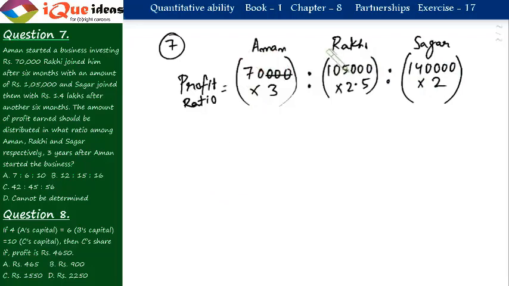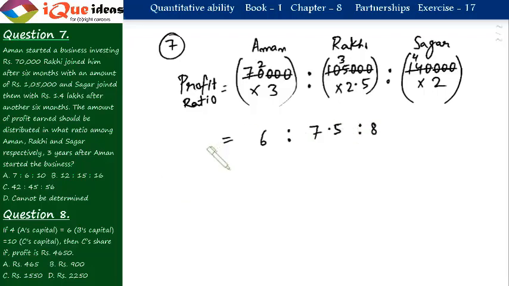Let's see what we can do. We can cancel 3 zeros and then we multiply. So we get 70. This 70 is divisible by 35 2 times. 105 is divisible by 35 3 times. And 140 is divisible by 35 4 times. So we have 2 into 3, that is 6, is to 3 into 2.5, that is 7.5, and 4 into 2, that is 8.